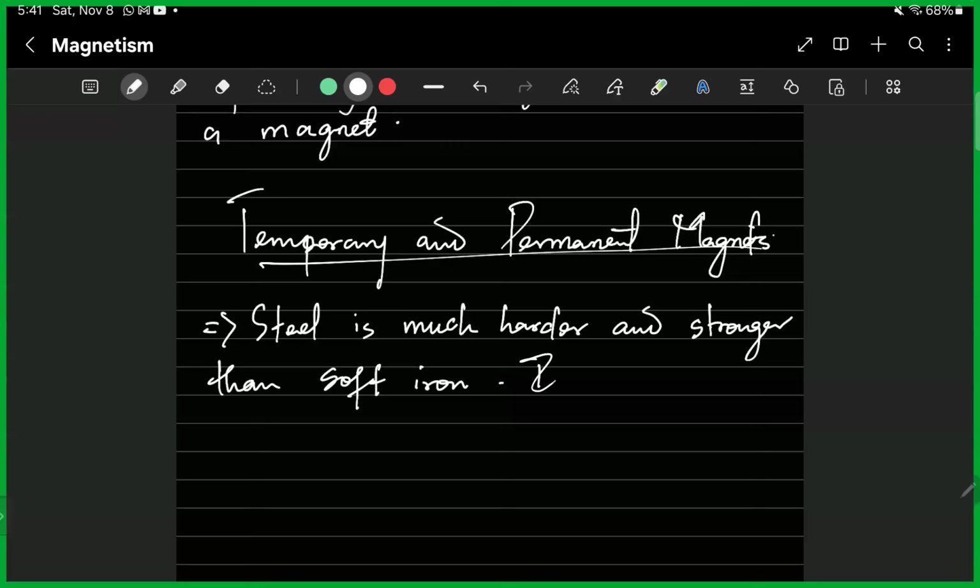Steel itself is an alloy of iron and carbon.